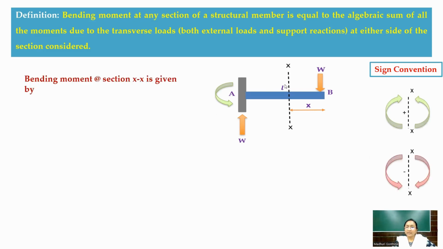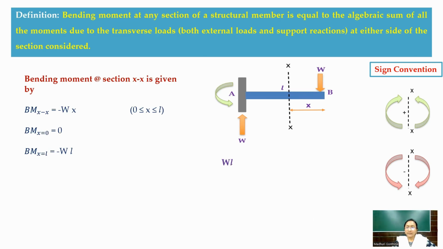Now, when we write a bending moment at this section, towards the right hand side, your W is in the downward arrow-headed direction towards the section, and it is also in the clockwise direction. Therefore, it is negative: minus W into X. And the limit here is 0 to L. So at x equal to 0, the moment is 0, and at x equal to L, your moment will be negative WL.